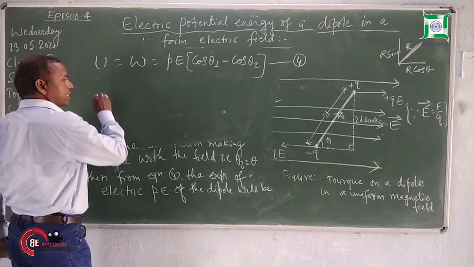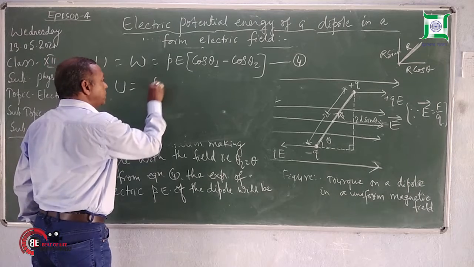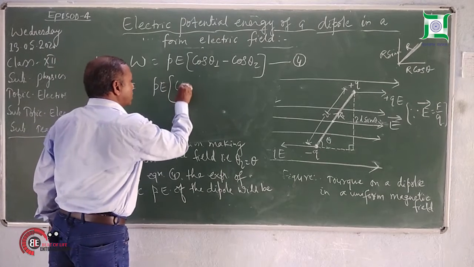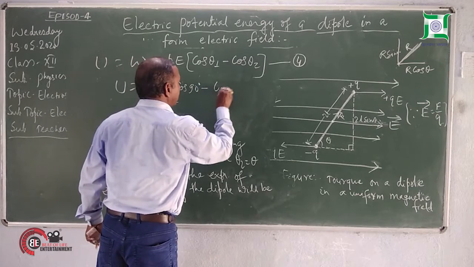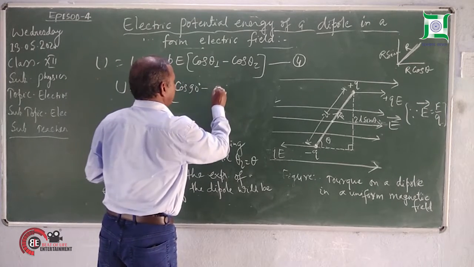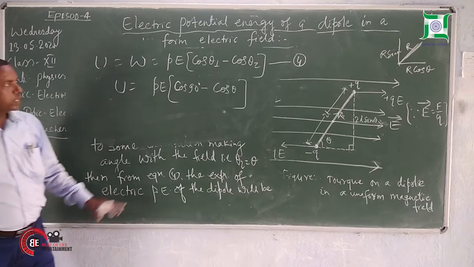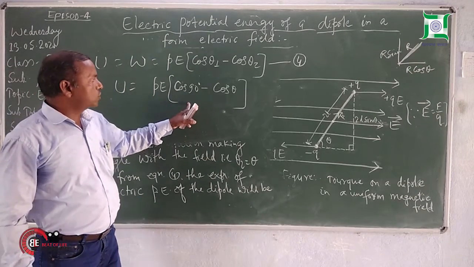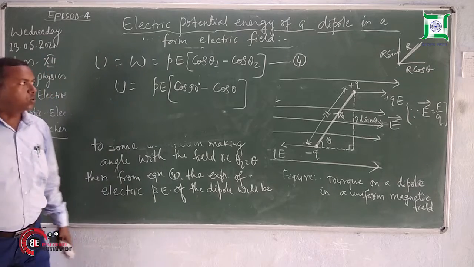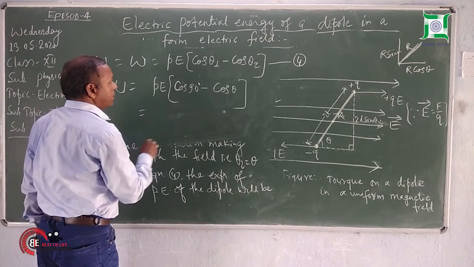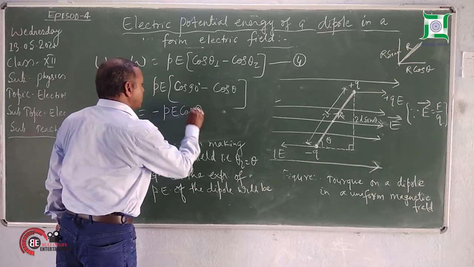So here the expression of electric potential energy will be U is equal to PE cos 90 degrees minus cos theta. Now as we know that the value of cos 90 degrees is equal to 0, so it will become minus PE cos theta.